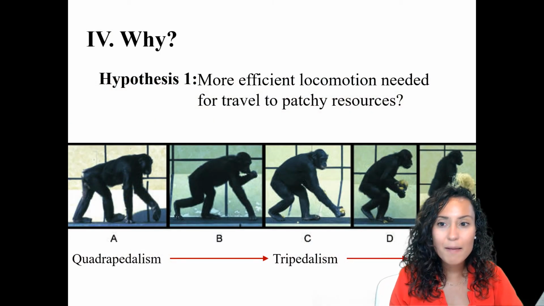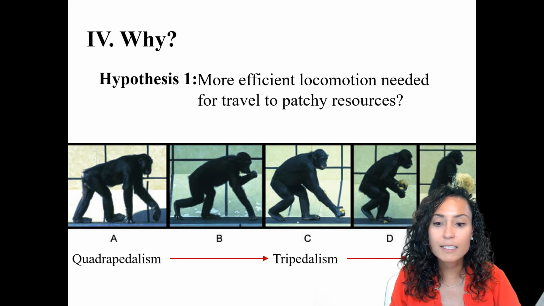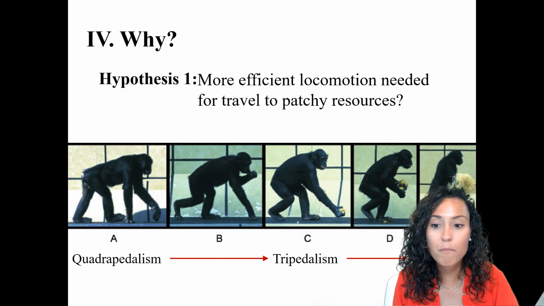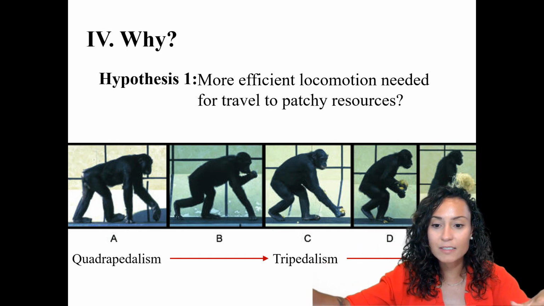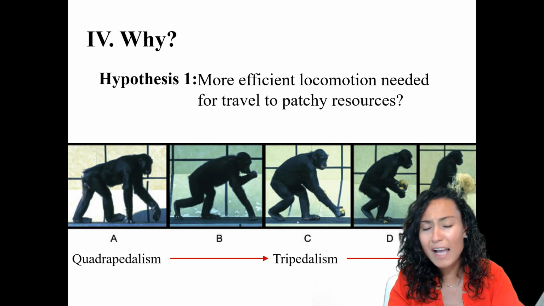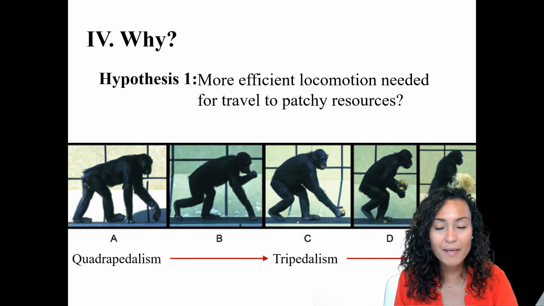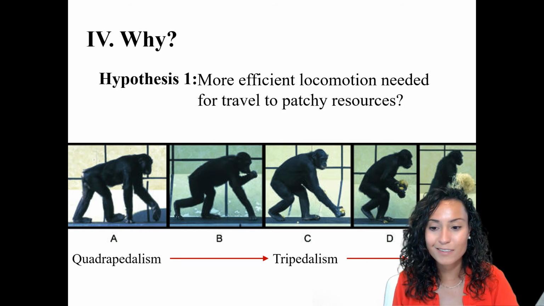So one hypothesis for how we became bipedal is that as resources became more widely distributed into these different forest patches during the Pliocene period, it would have been advantageous for primates to be able to move more quickly over these greater distances.